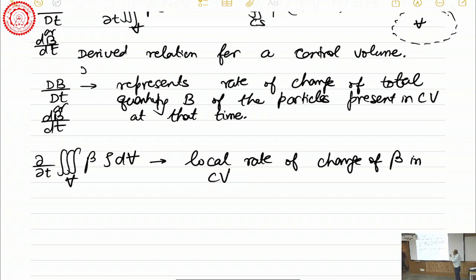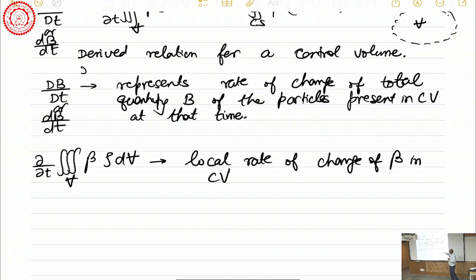You realize if the control volume is changing with time, then this term will not be 0. If the control volume is expanding or contracting, then the volume integral, the volume itself, is changing, so this term will not be 0.